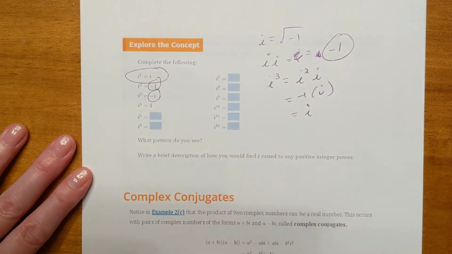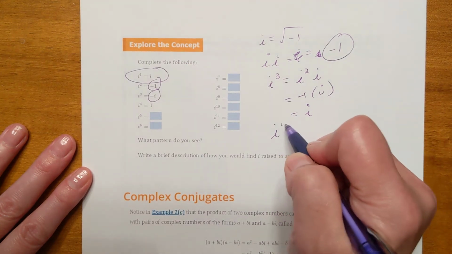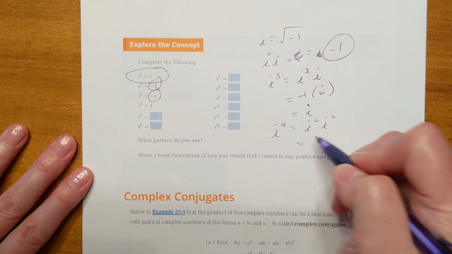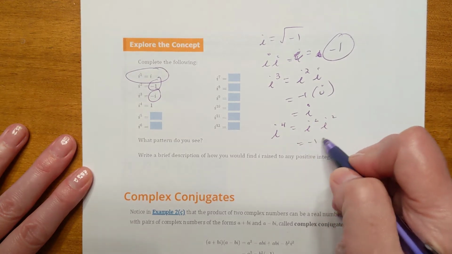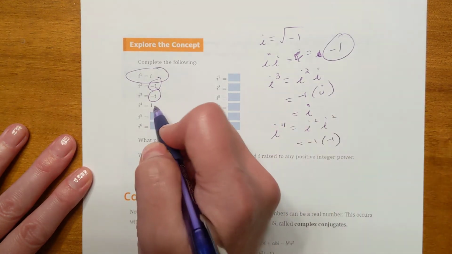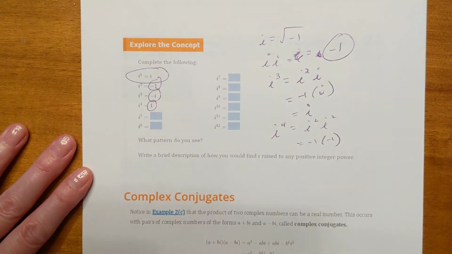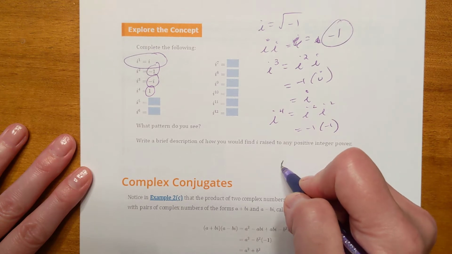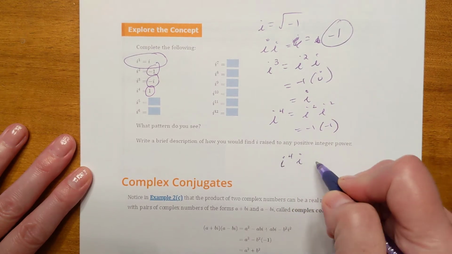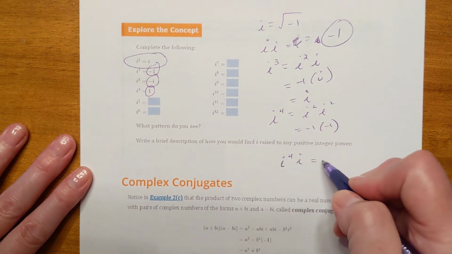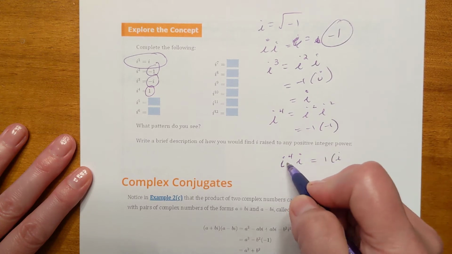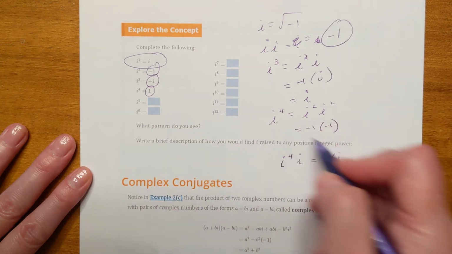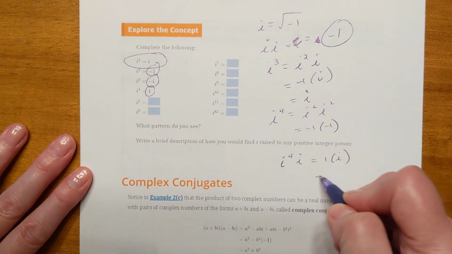And if you have i to the fourth, you have i squared times i squared, and we know i squared is negative 1, so negative 1 times negative 1 is just positive 1. Then i to the fifth is 4 i's and 1 more. We know that 4 i's is 1, and then times i, so it's just i.